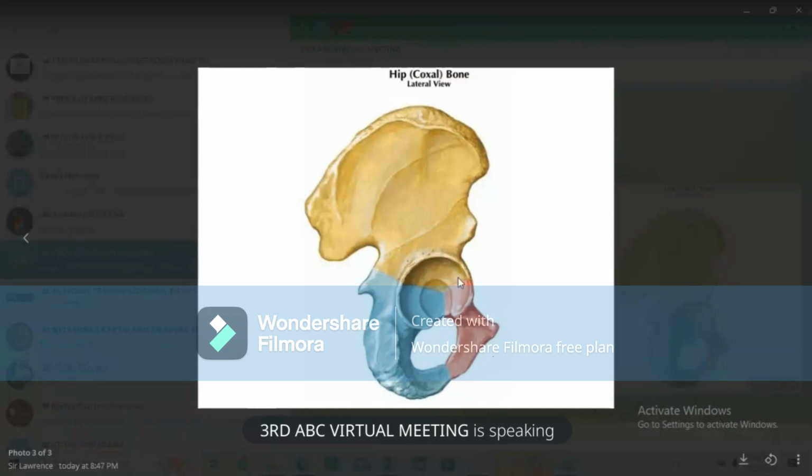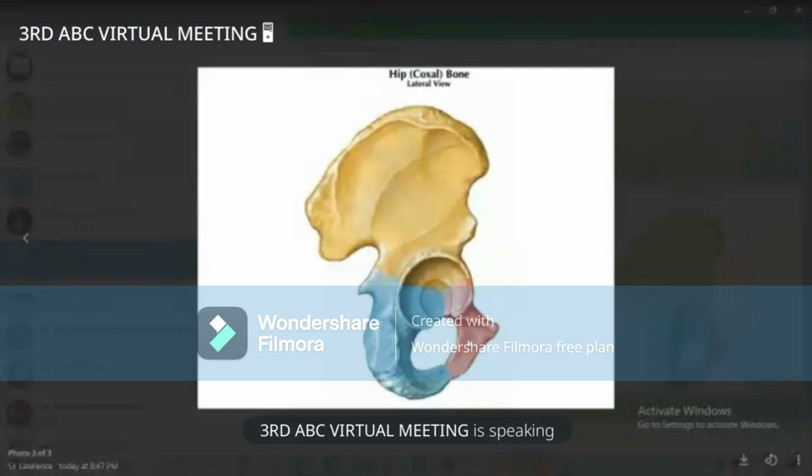So now let's talk about the last part of the hip bone, which is the what? Pubis. Pubis consists of three parts. It has a body and it has two rami.